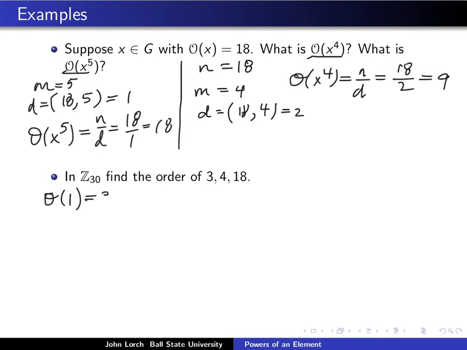And it turns out that it is 30. Now we want the order of 3, and it might be good to point out that 3 is just 3 times 1.